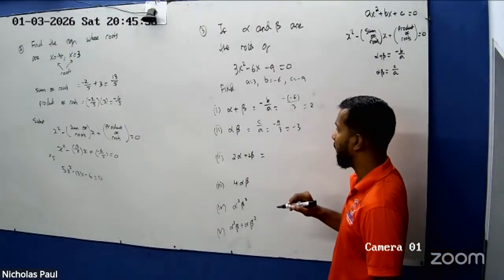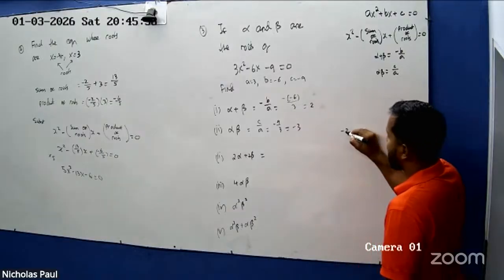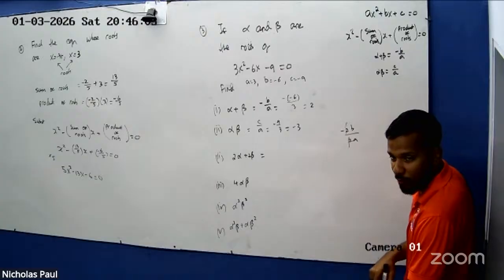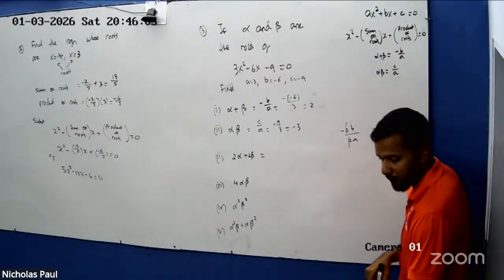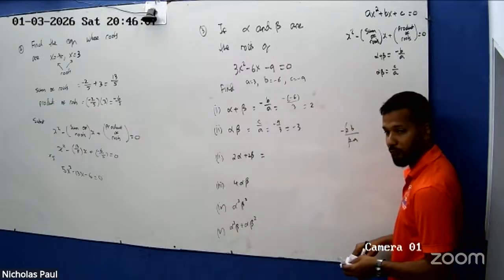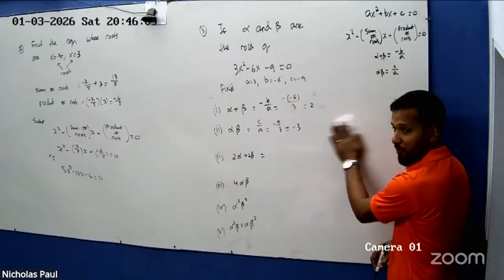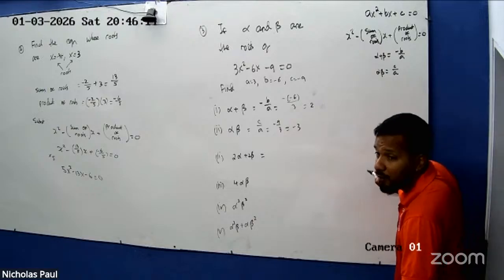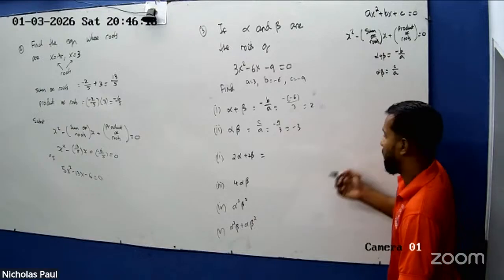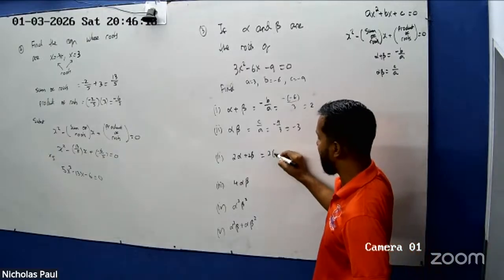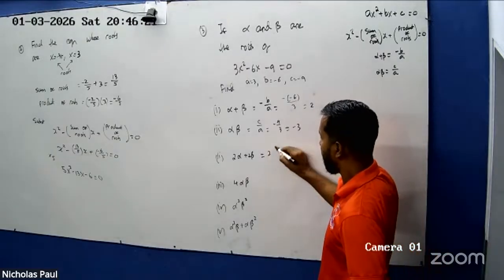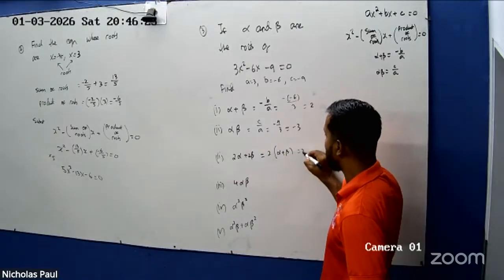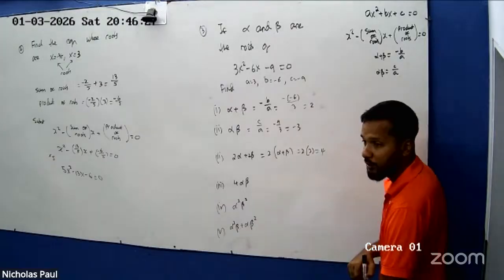That's close, but remember this. Michael, do you have a guess? Double the value, right? So you just multiply this by 2. If you multiply alpha plus beta by 2, you'll get the answer, which is 4.